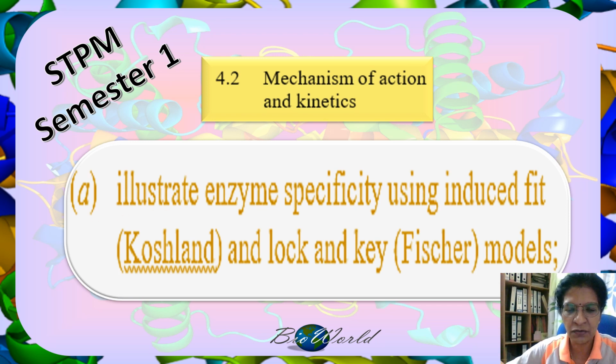When they say illustrate, that means you should be able to roughly draw the diagrams representing both these models. So I'll start with the original model that we still use, that is Fisher's lock and key model.